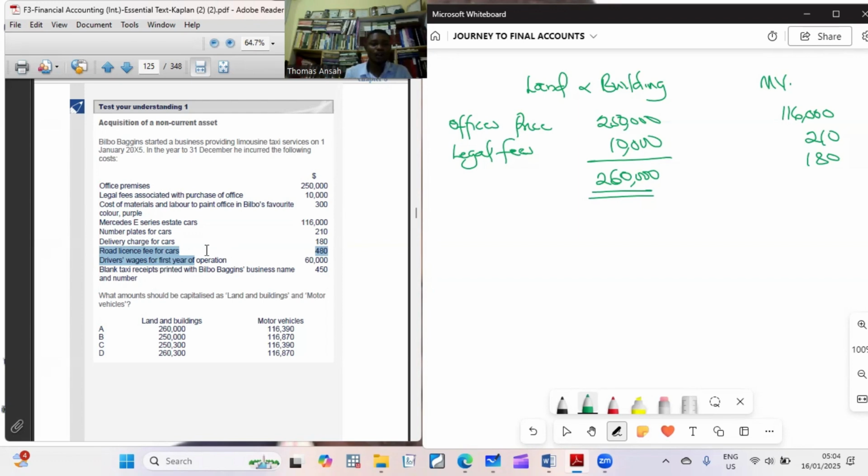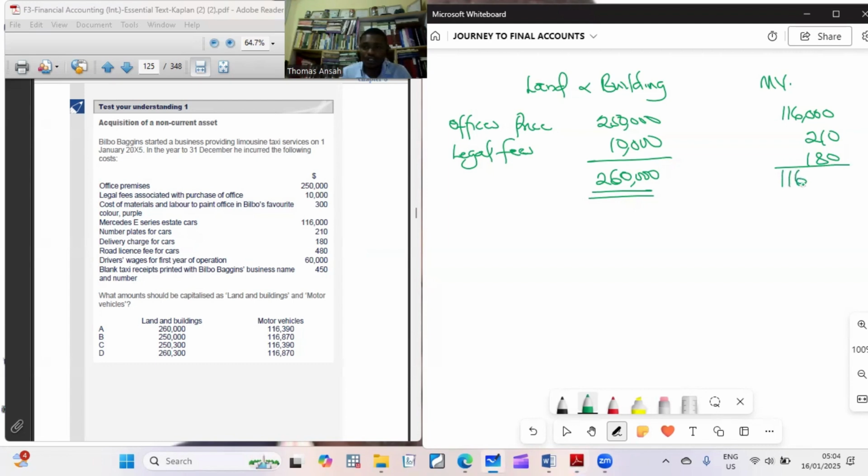This one is a general statement, road license fee for cars. But if it is for the first one that you are doing, then it will be part of the car. But if it is not for the first one, so that you can actually use the car, then you can ignore it. As a general statement like this, you will have to ignore it. But if it is the first time, don't forget. Those are things you have to be careful about.